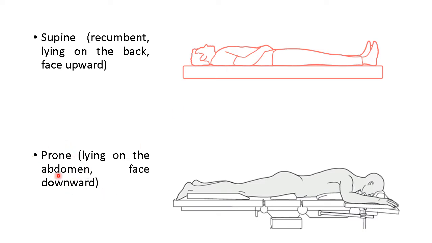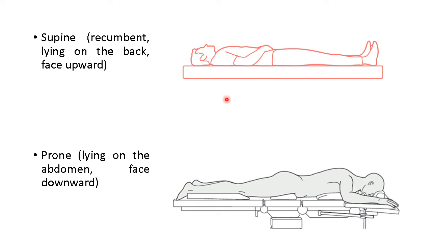Next is the prone position. In this image, you can see the person is lying on his abdomen and the face is on the inferior side, toward the surface. This position is known as the prone position. So you can see this is the supine position and this is the prone position. These are the two important positions in which you will often see the cadaver.